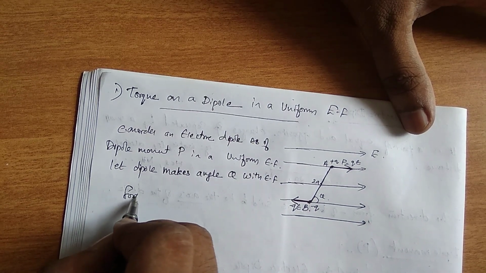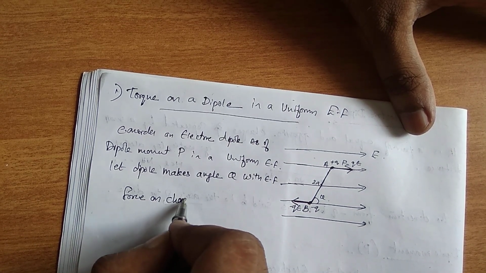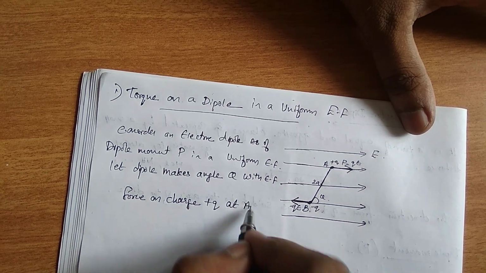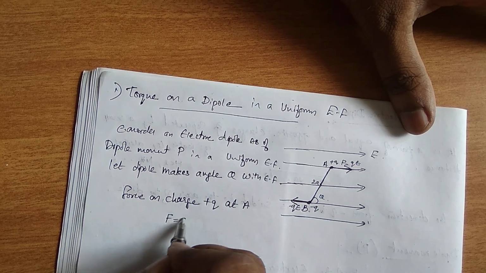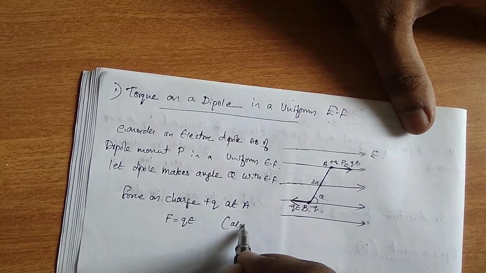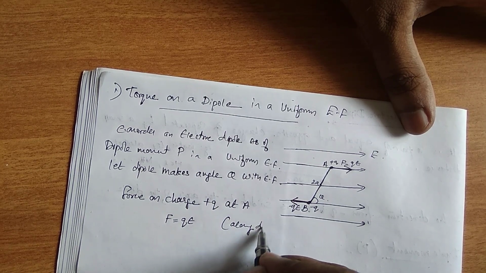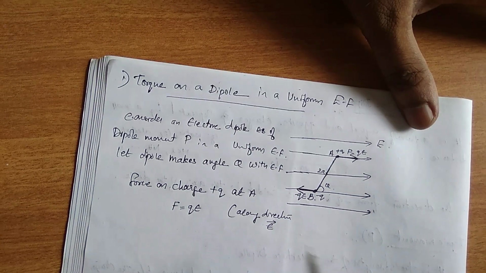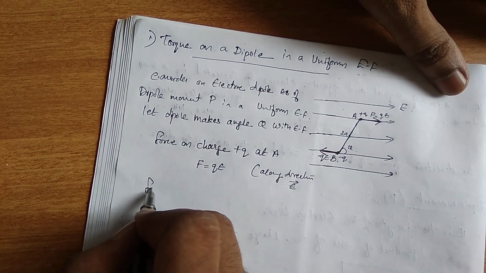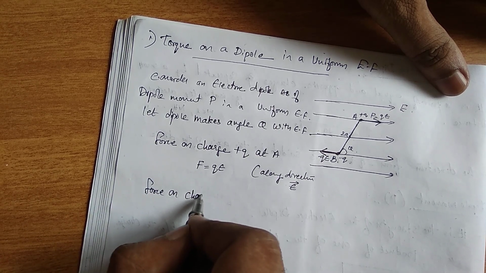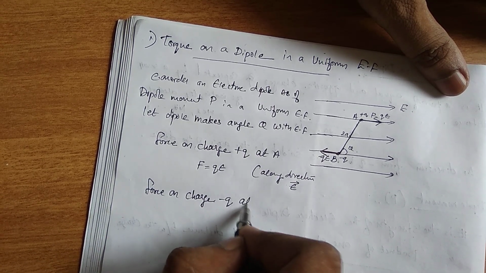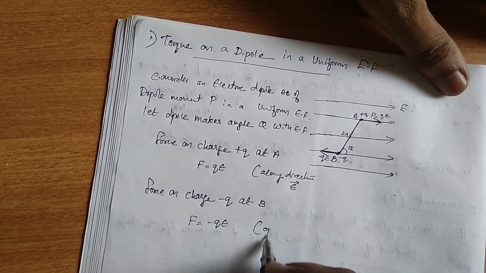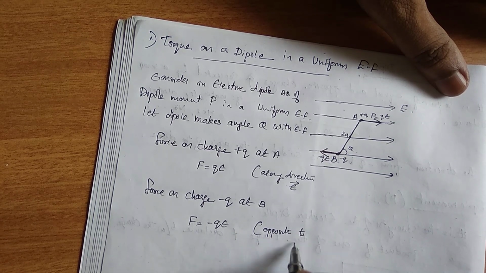Force on charge plus q at A is F equal to qE, along the direction of electric field. Similarly, force on charge minus q at B is F equal to minus qE, opposite to the electric field.